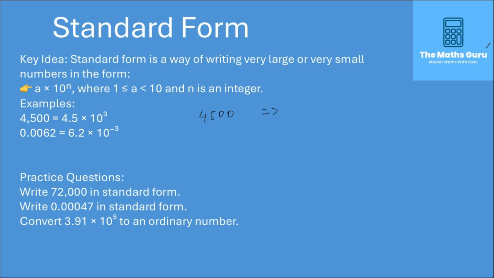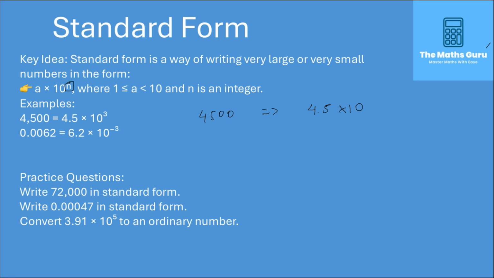The way we do it is 4.5 times 10 to the n, and n is how many places we moved the decimal point to get from 4.5 to 4,500.